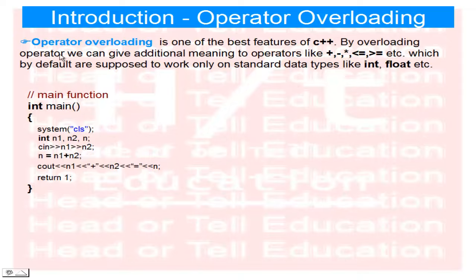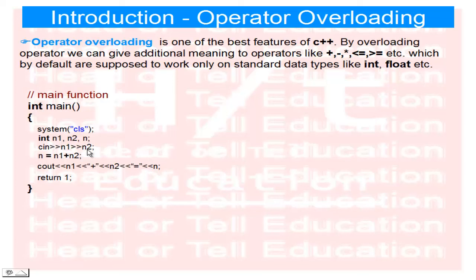First we understand a very simple example of what operator overloading means. Here I have created a simple program in C++. I created integer variables n1, n2 and n. To read from the keyboard we write cin n1 and n2.